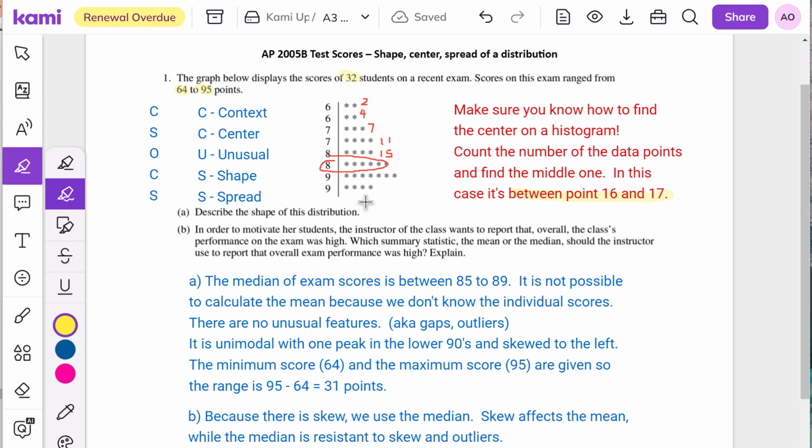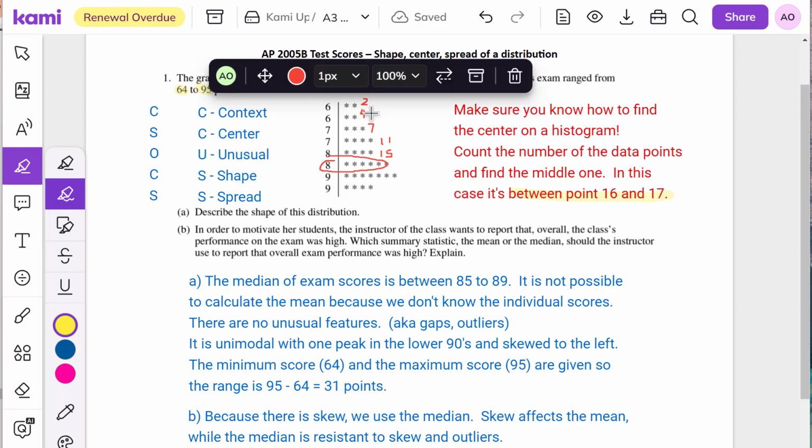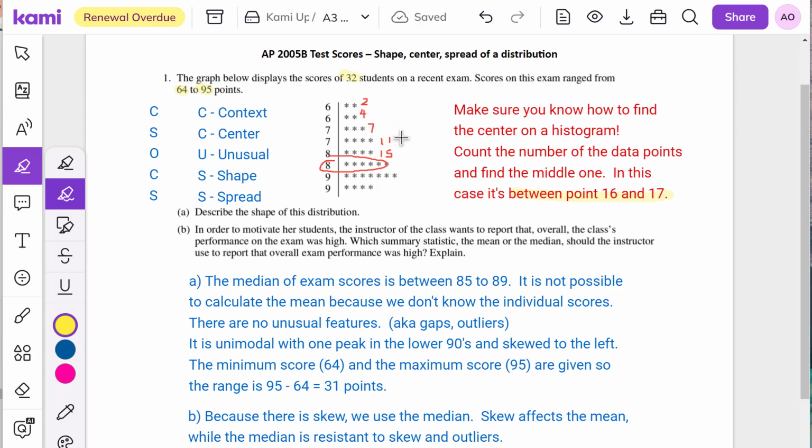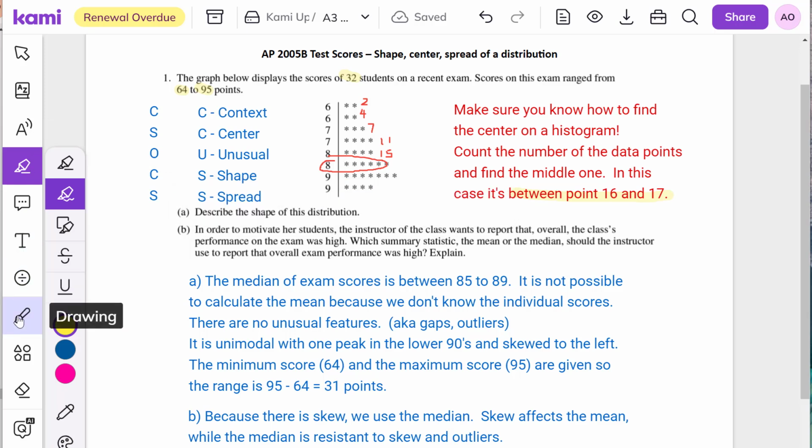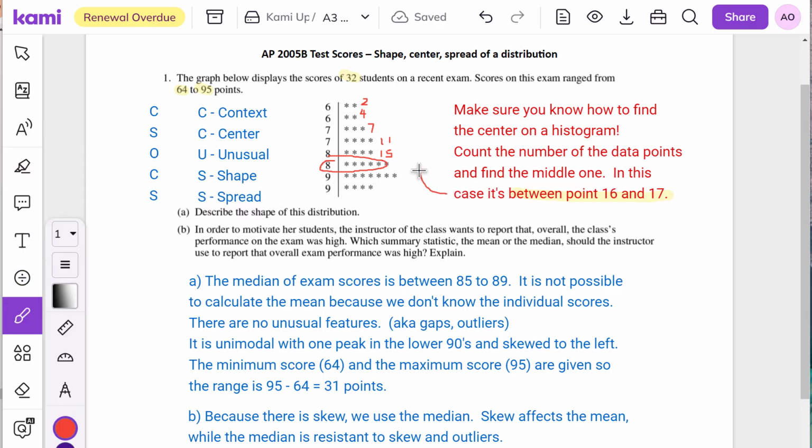If I count, there are 2 points here, and now I'm up to 4, 7, 11, 15, and then that means 16 and 17 are both in here. So they're both in this pile.